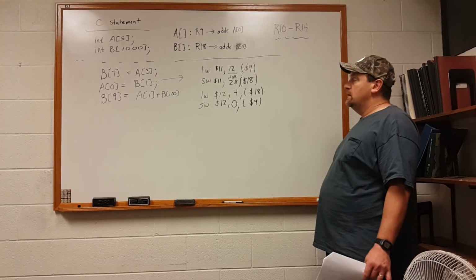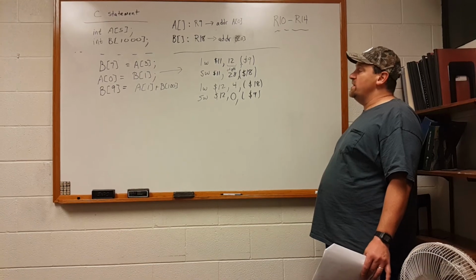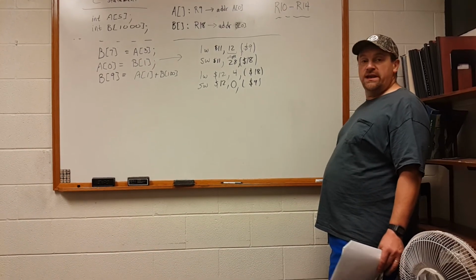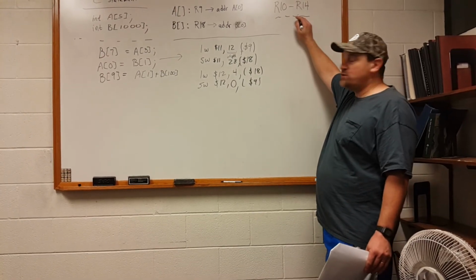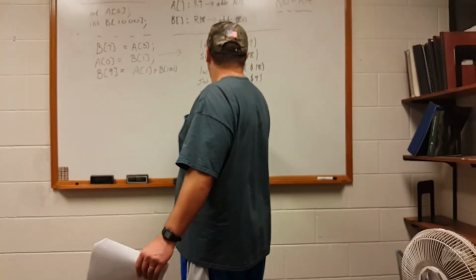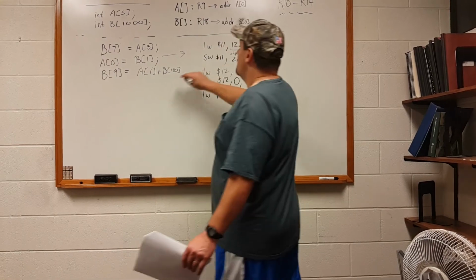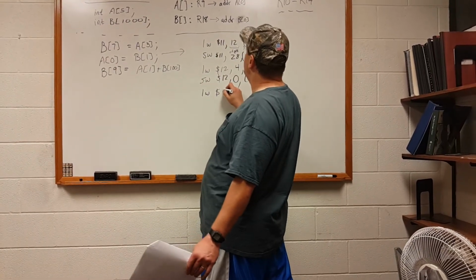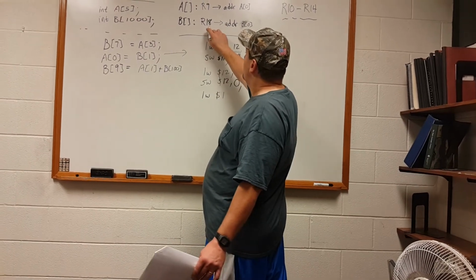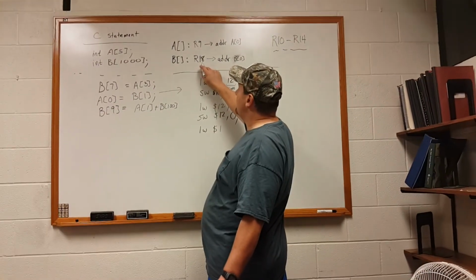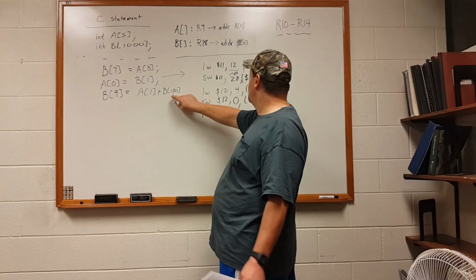Next, holy cow, we've got 2 elements that we need to shove into B of 9. That means we're going to need 2 temporary registers. So we're going to load both of them. B of 100 is going to be the address base R18 plus not 100 but 400.